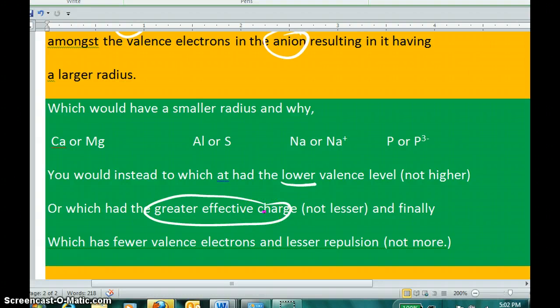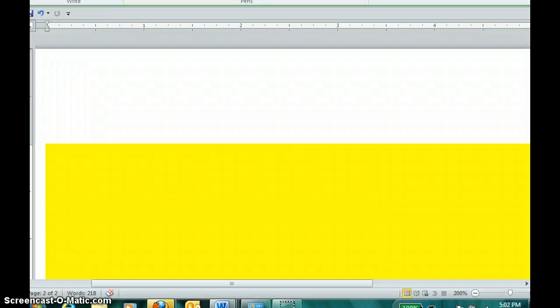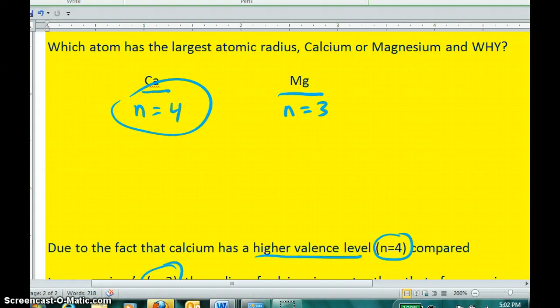And lastly, if it comes to the final possible argument, if we want a smaller radius, we want less repulsion amongst the valence electrons, not more. We would want fewer valence electrons. So I would rephrase all of these if I were asking who had the smaller radius and why.